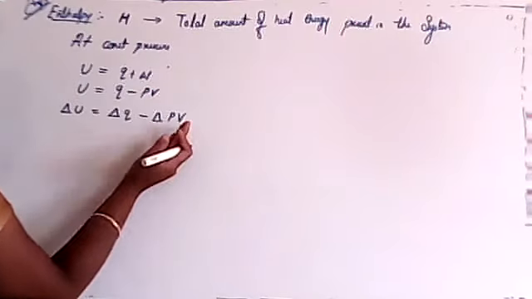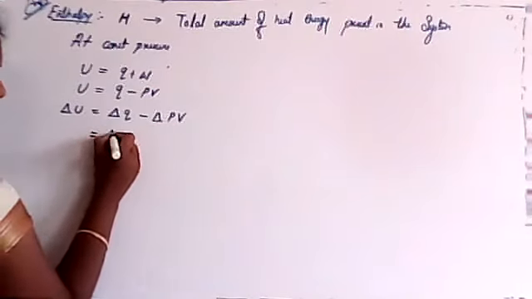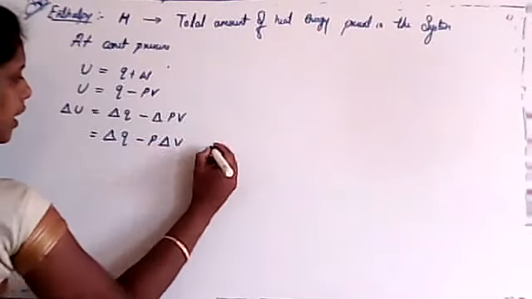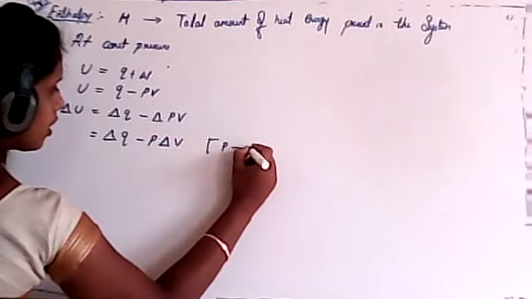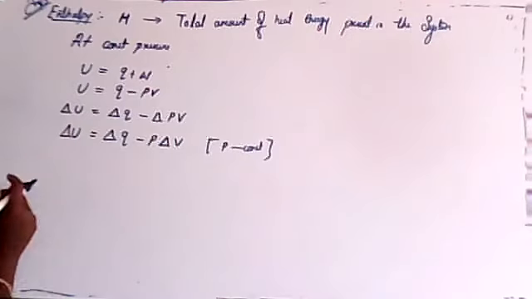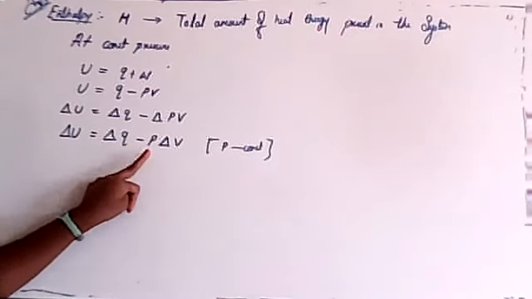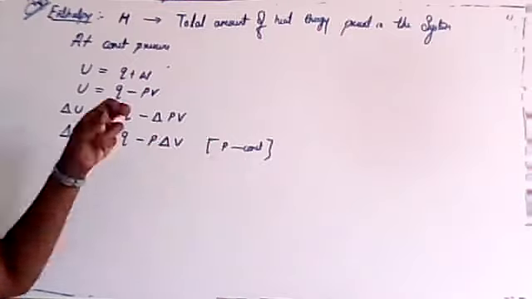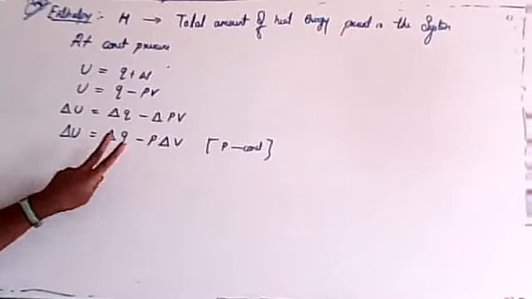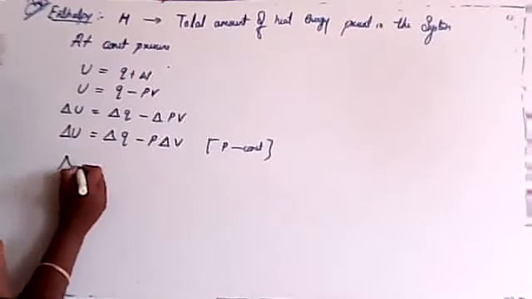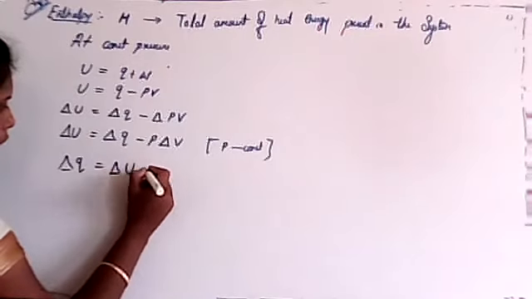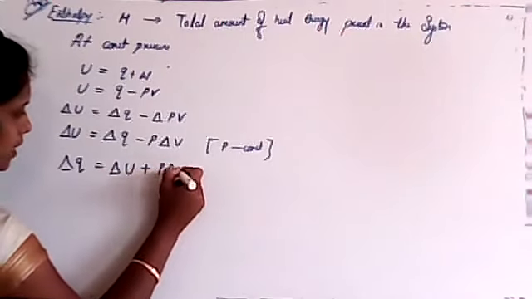Pressure is constant, so I'll take it outside: delta Q minus P into delta V. Because P is constant in this case. So delta U is equal to delta Q minus P delta V. Now just rearrange this equation, and we get, very important, delta Q is equal to delta U plus P delta V.